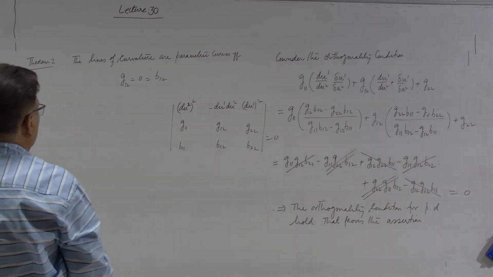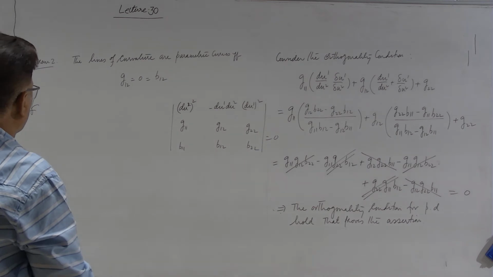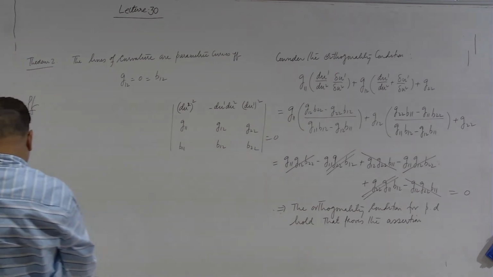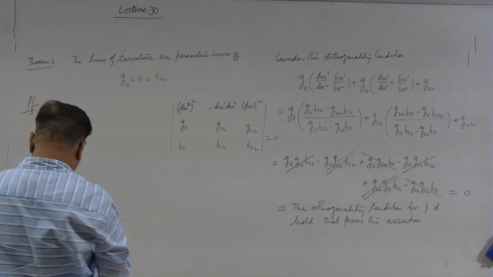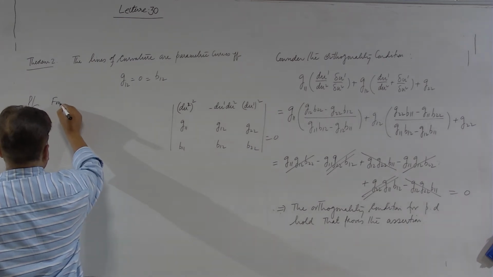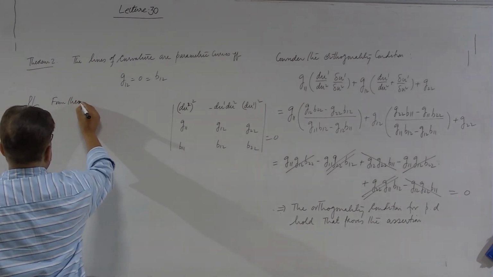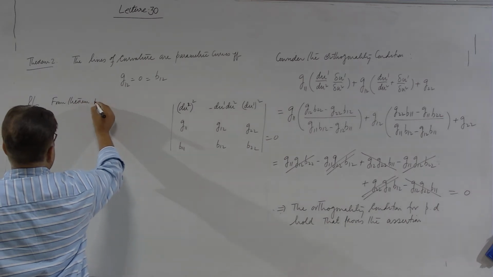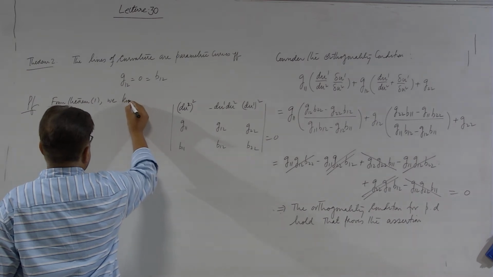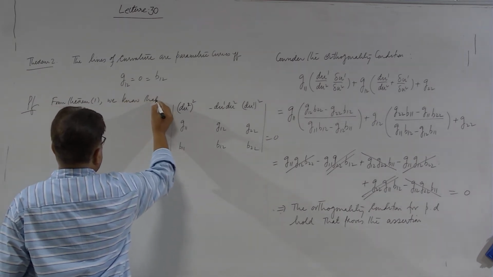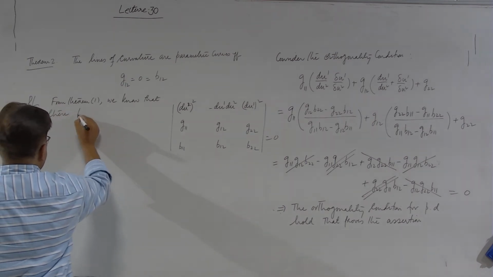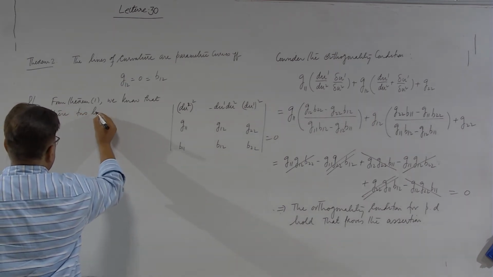So, we already know from the last theorem, from theorem 1 in fact, that there pass two lines of curvature from every point.